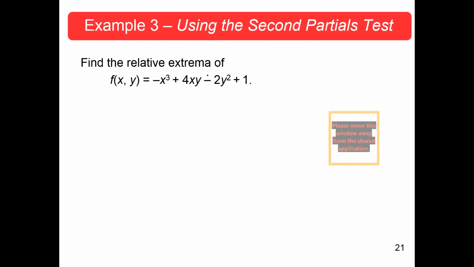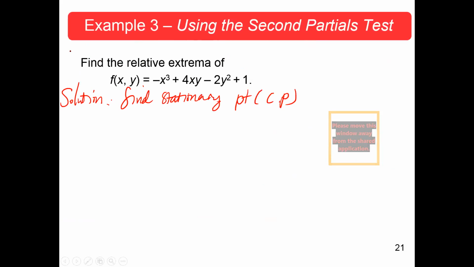Let's apply this to the next problem. Find the relative extrema of the function f of x, y equals negative x cubed plus 4xy minus 2y squared plus 1. What do we do first of all? Let's find the stationary points, which are also the critical points.